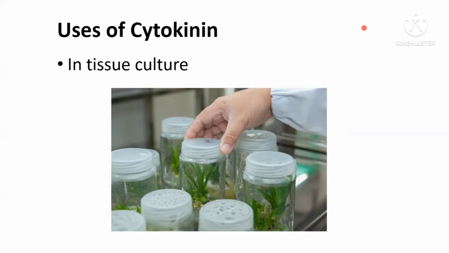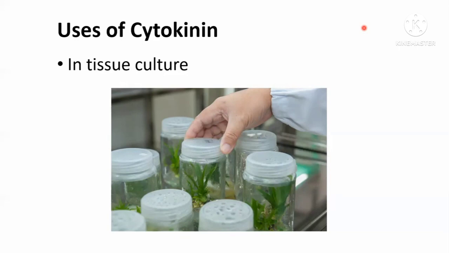At the very beginning of this video, I mentioned that cytokinin is responsible for shoot development and auxin is responsible for root development. Since at first we are trying to stimulate shoot development, we have to incorporate more cytokinin than auxin.